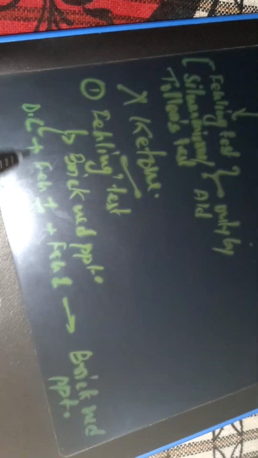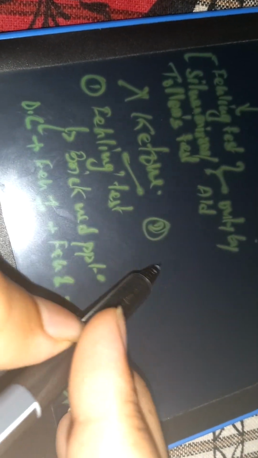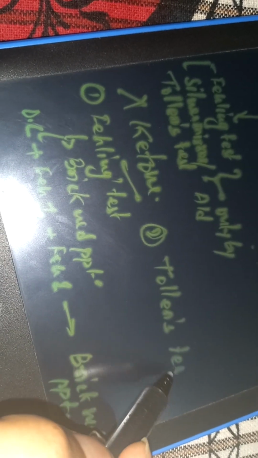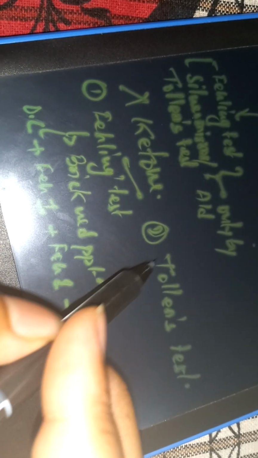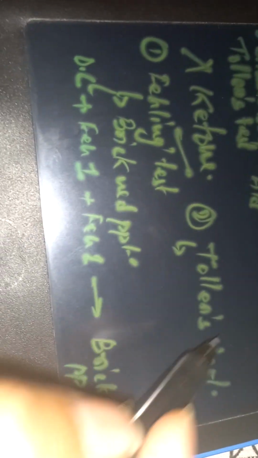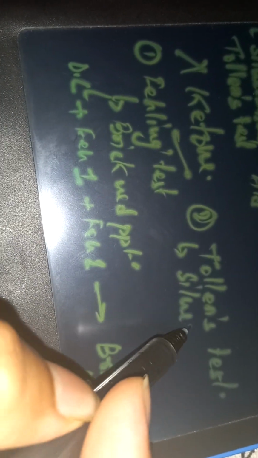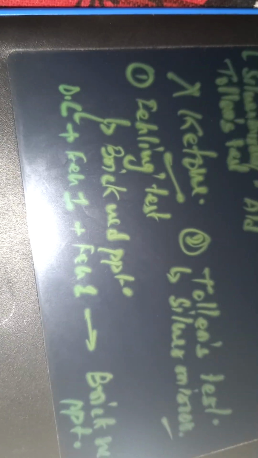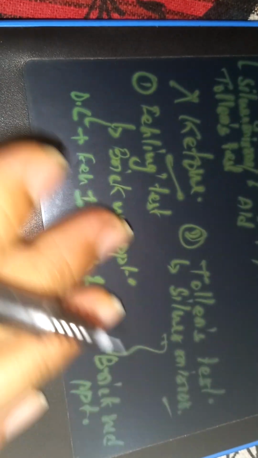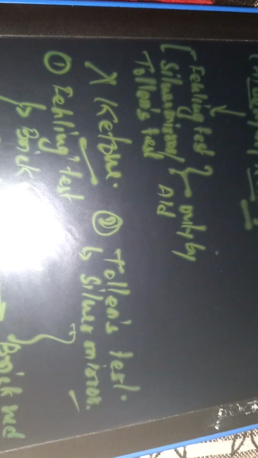And in the Tollens test, you will obtain a silver mirror. Silver mirror means there will be shining on the inside of the beaker. Okay, I will write this reaction, don't worry about that. Let me cover this topic first.